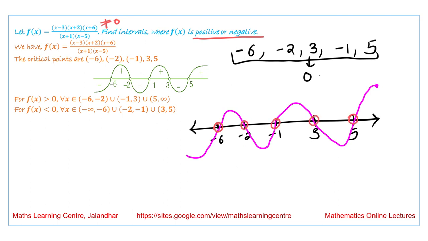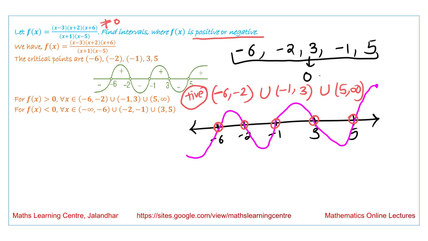So it is positive for the interval -6 to -2 union -1 to 3 union 5 to infinity. For this, the final answer is positive.